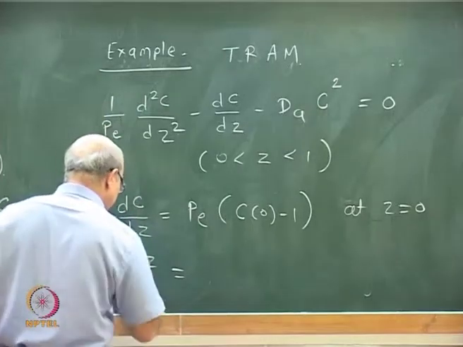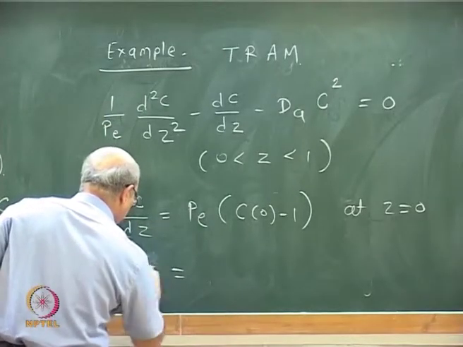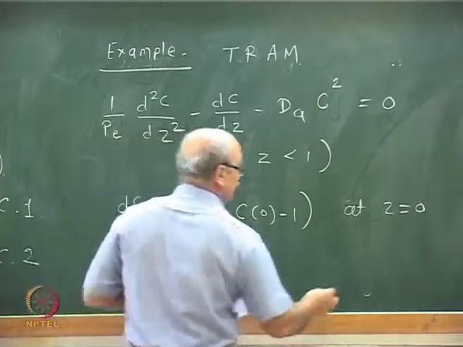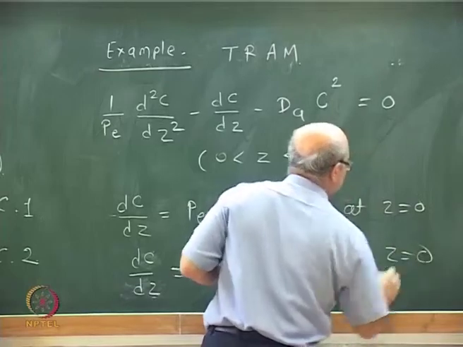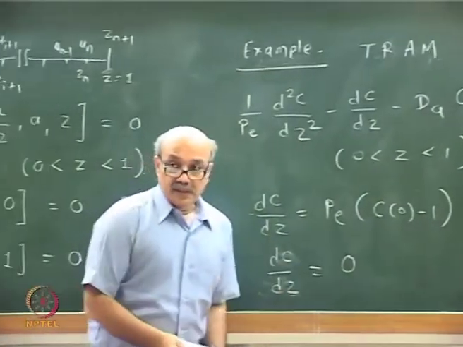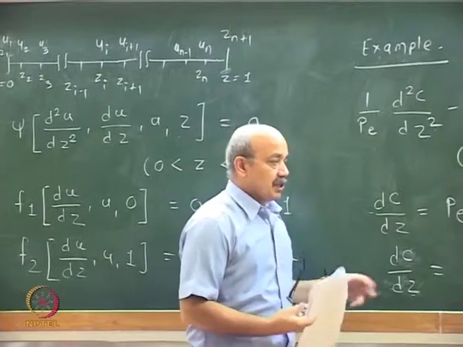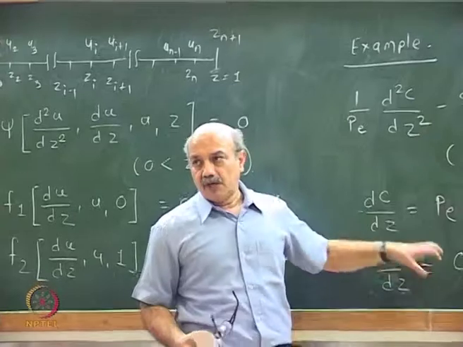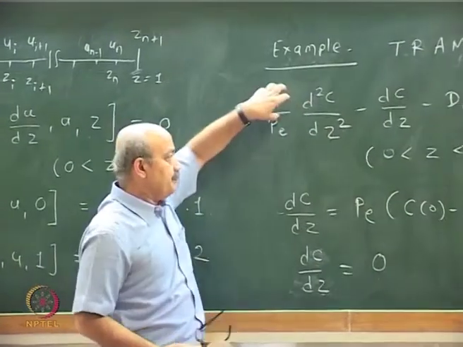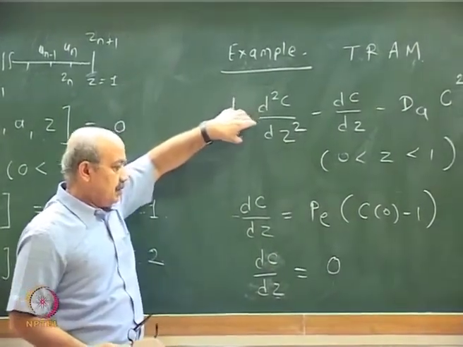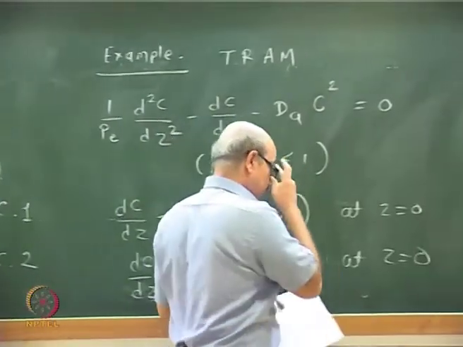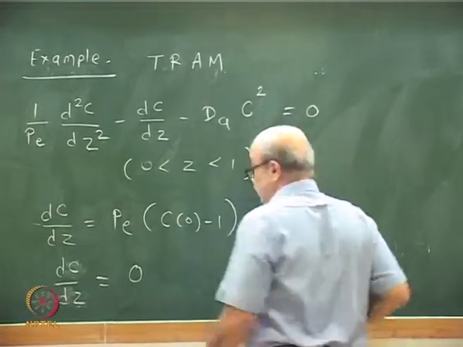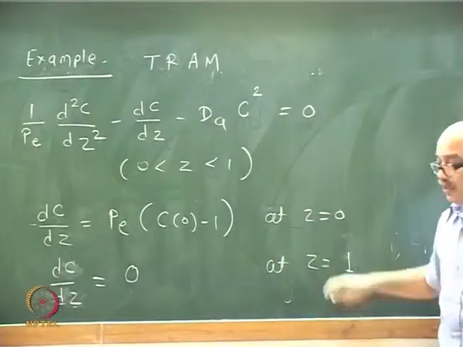The second condition is dc by dz equal to 0, and the second boundary condition should hold at z equal to 1.